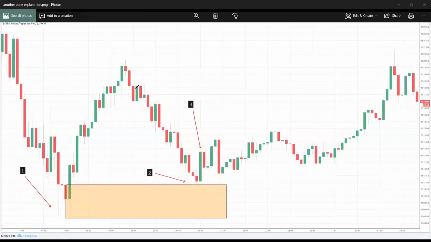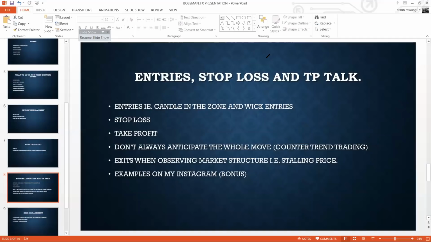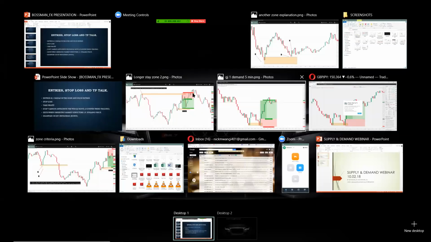Now that we've done the entries, and I'm glad that you guys understand what the entries are, now we go into stop loss and take profit. Stop loss and take profit. Let me go back to this.